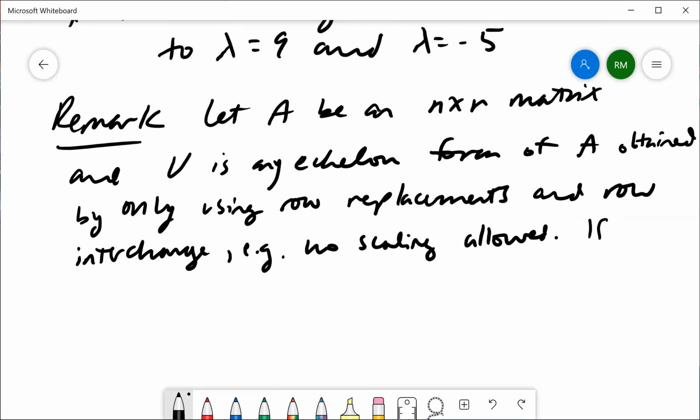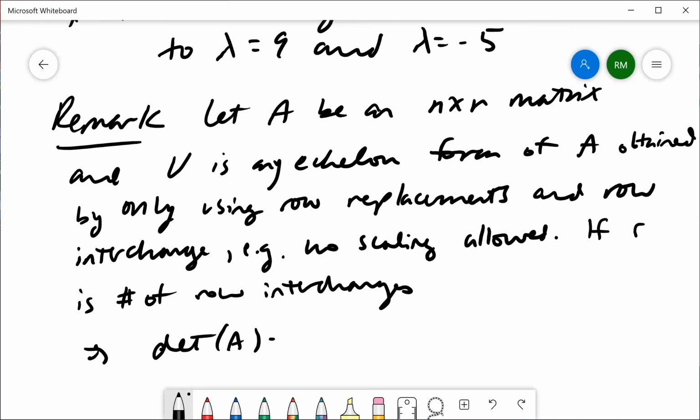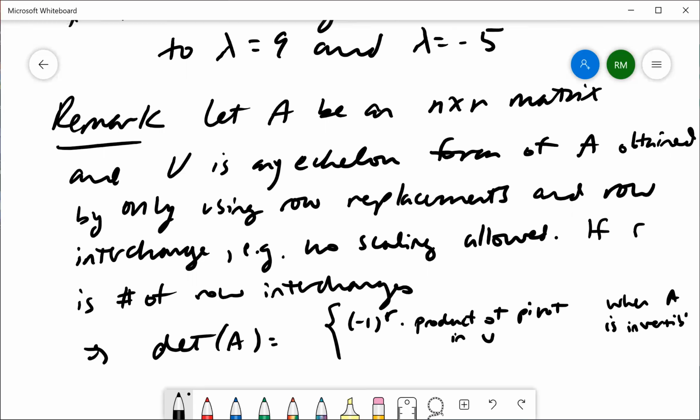Then, if r is the number of row interchanges, this tells us that the determinant of A is negative 1 to the r times the product of pivots in U. This happens when A is invertible, and it's 0 when A is not invertible.